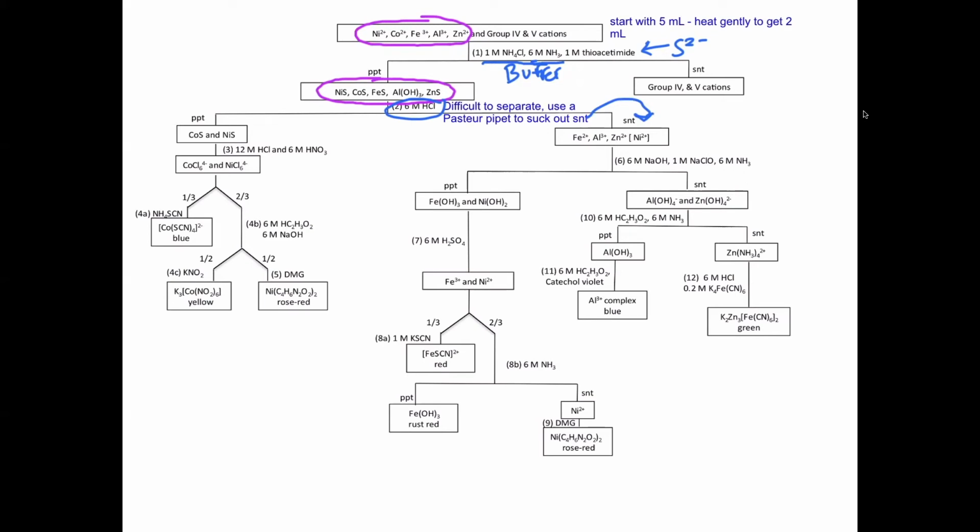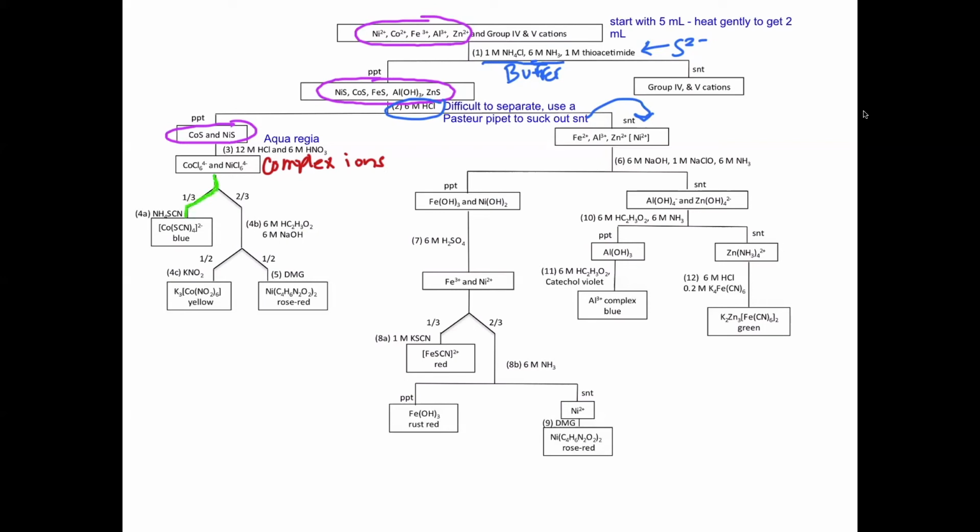Let's focus now on the precipitate, which contains cobalt sulfide and nickel sulfide solid. At this point, we would add aqua regia, which is 12 molar HCl and 6 molar nitric acid, to dissolve this precipitate. This will give us complex ions with chloride as the ligand with cobalt and nickel. Then we would separate to test, first let's test for cobalt.